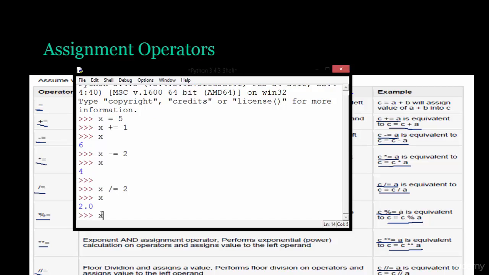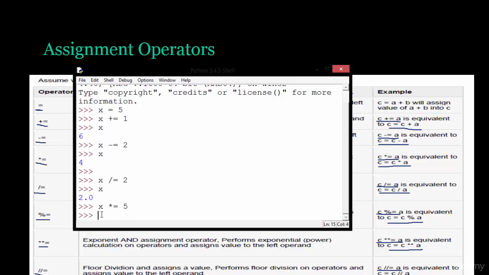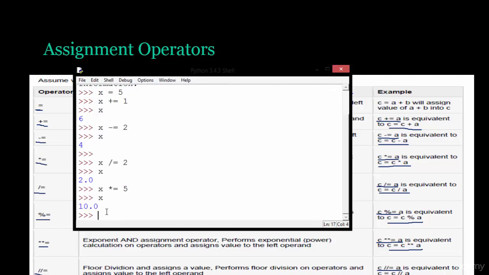I type x multiply equal 5, x will be 10. I type x modulus equal 3. I print x, it equals 1, and so on.